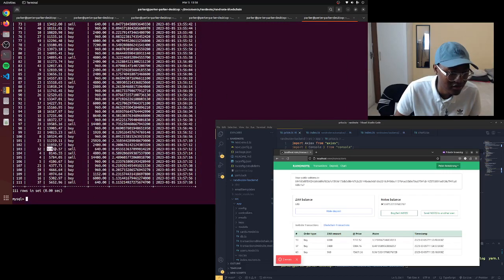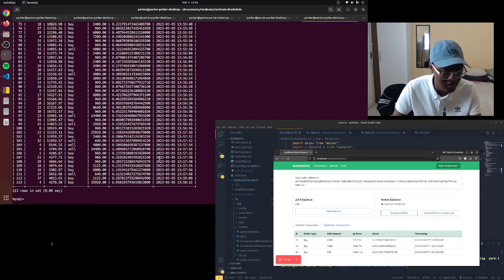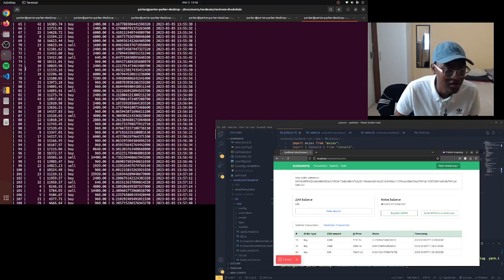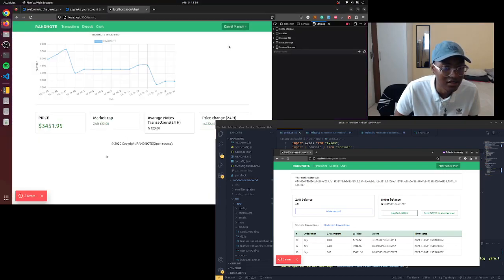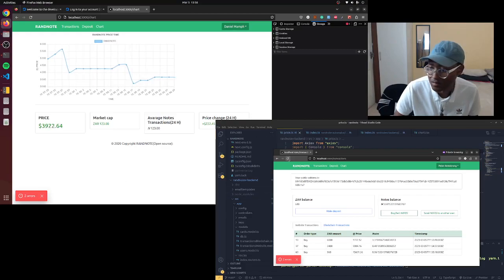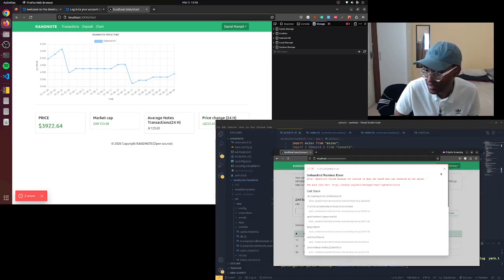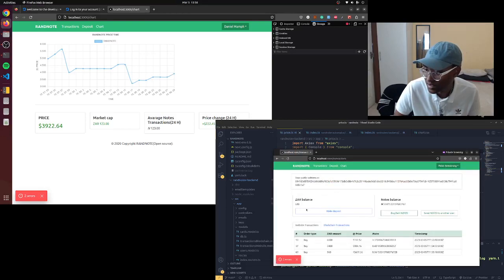It dropped from 11,000 all the way to 8, 5, 4, and then it increased a little bit from 4.1 to 4.9 to 5.6, and then there was a sell order. Then it dropped again to 4,200. So now it's basically just fluctuating up and down. Did we sell yet? Still haven't sold yet.